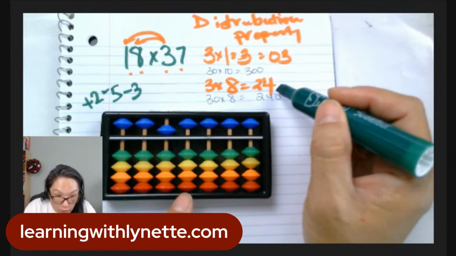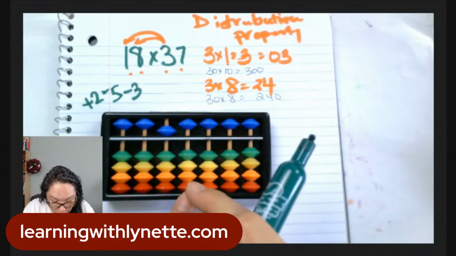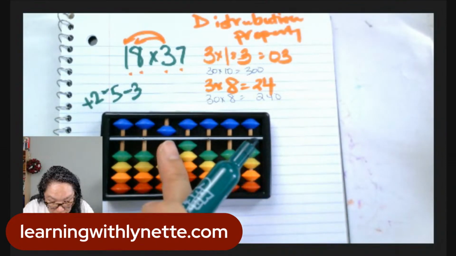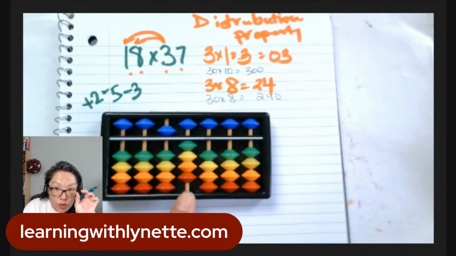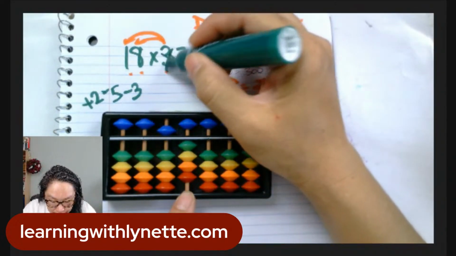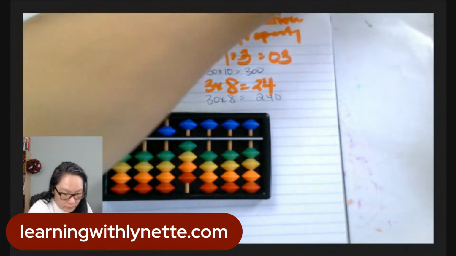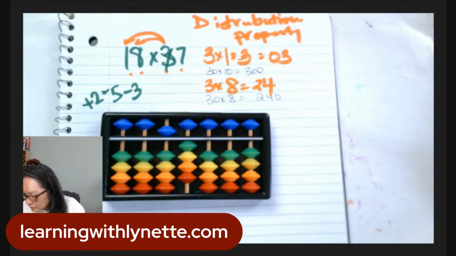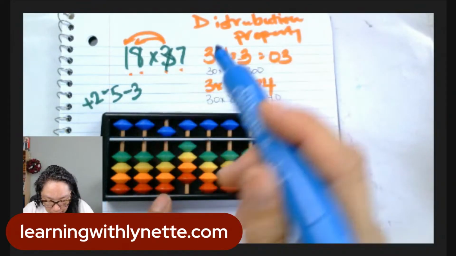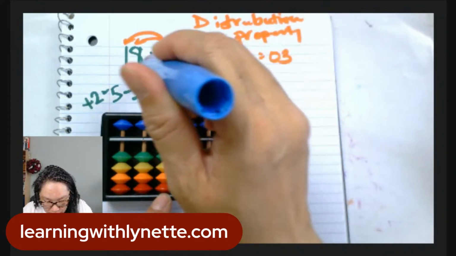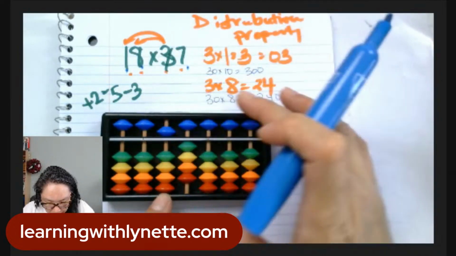It's 24. We only need to do 2 columns at a time. So we're done with our 3. We can recount, or we just take away 1. It's up to you. 1, 2, 3.